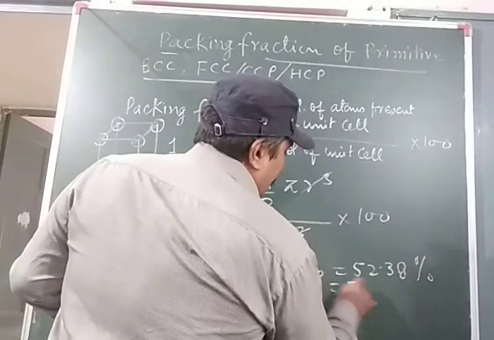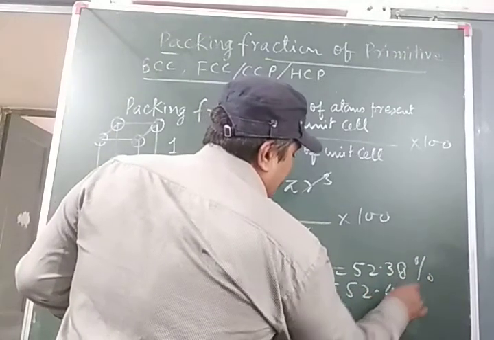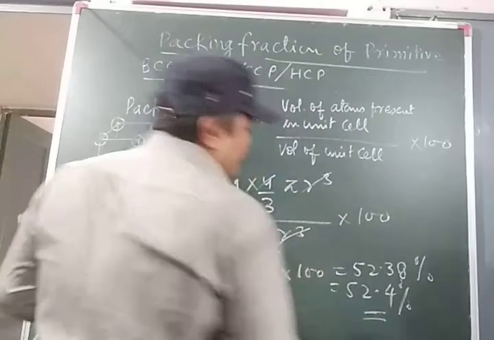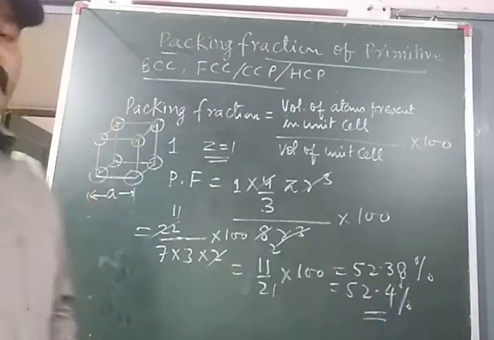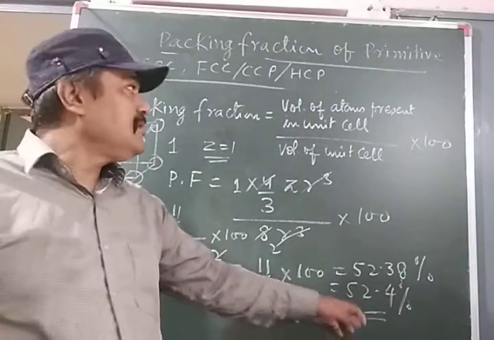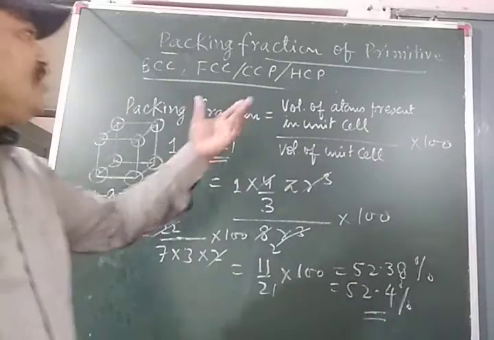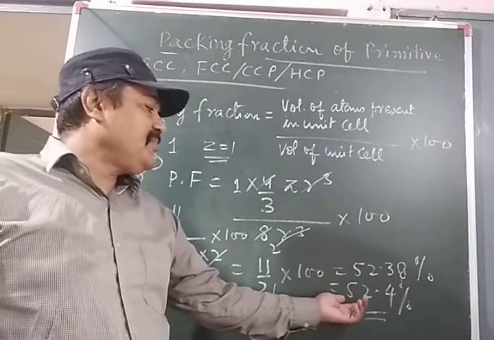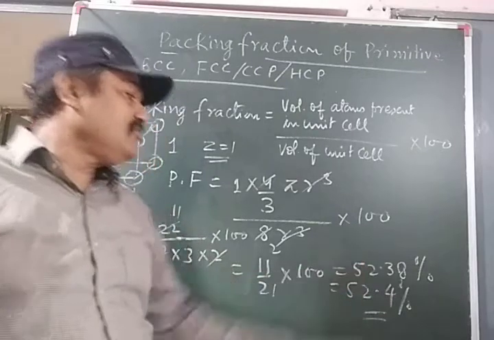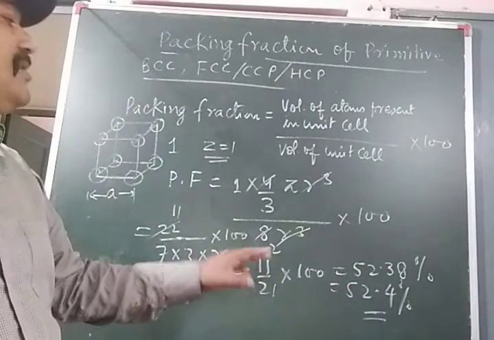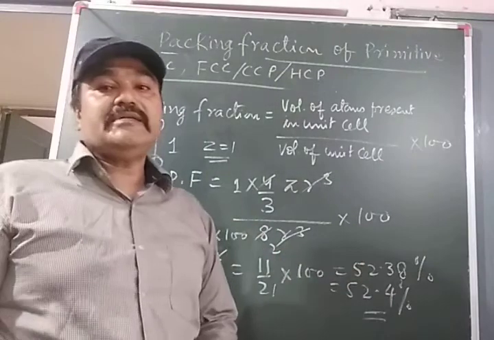Or rounding, 52.4%. That means in primitive unit cell, 52.4% of the unit cell is covered by the atoms and the left portion is vacant.